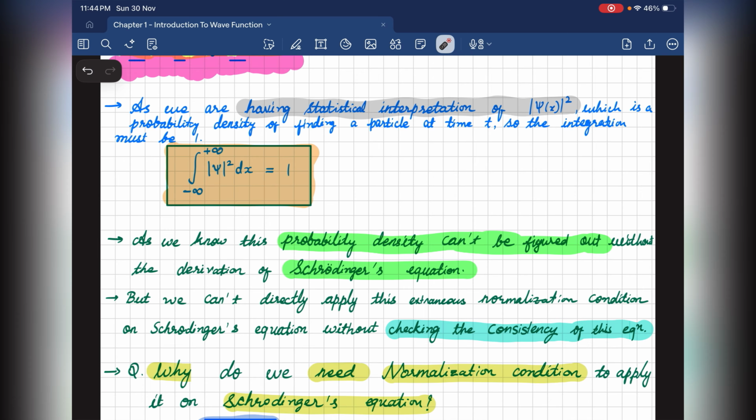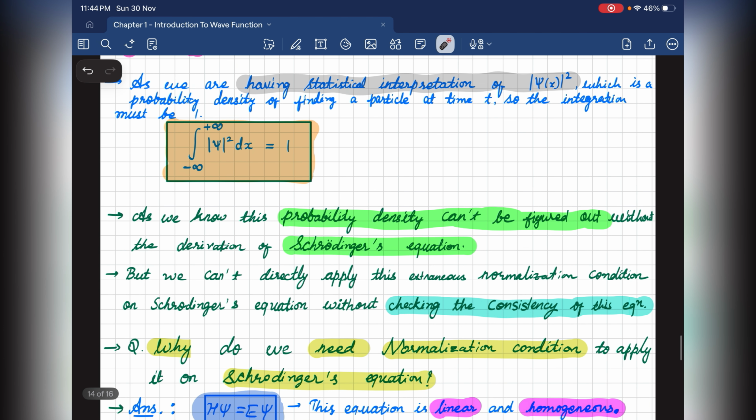So let's impose the condition: the integral from minus infinity to plus infinity of psi squared dx equals 1. This is called normalization. It is not optional. It's not a mathematical decoration. It's a physical constraint. Normalization converts an arbitrary mathematical solution into a physical one.